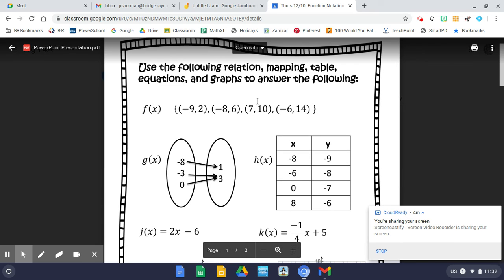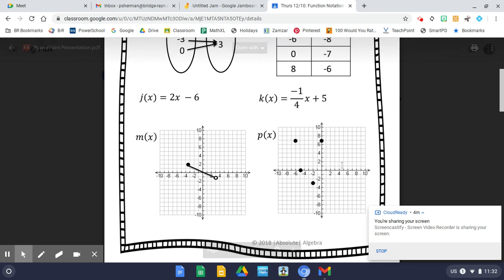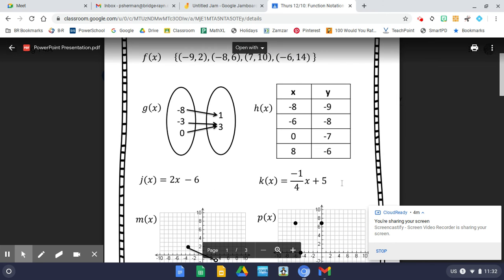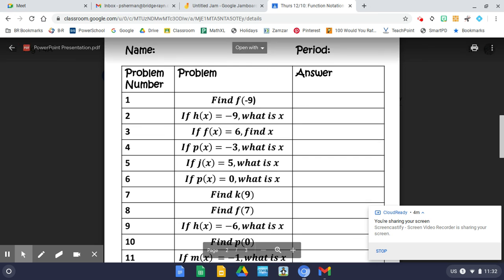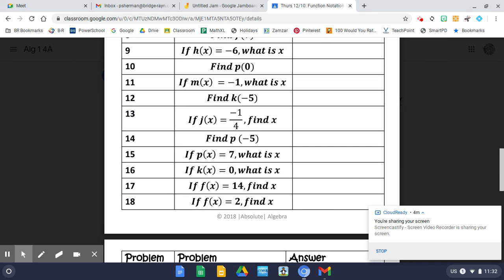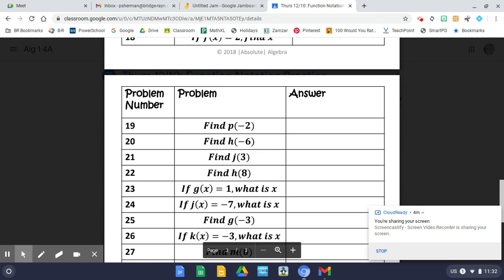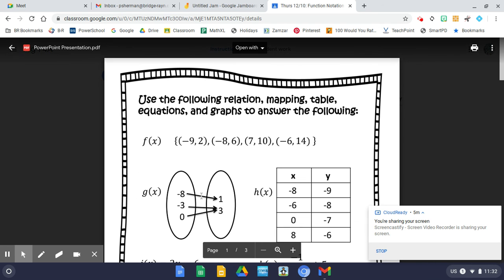Whether you're looking at points, remember these are just points on the graph, or whether you're looking at function rules like equations, you're just doing your best to figure out what do I have, and then can I work backwards or work forwards to find what I need. So a lot of them you're just plugging in and looking up, but some of them you have to do backwards where you're finding x if you're given the output.